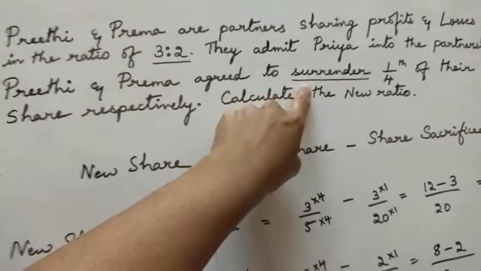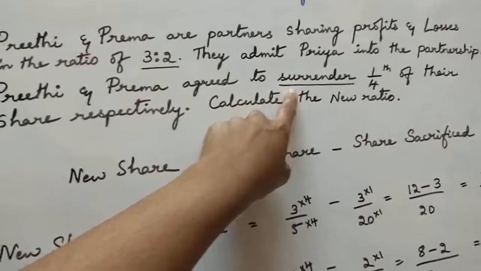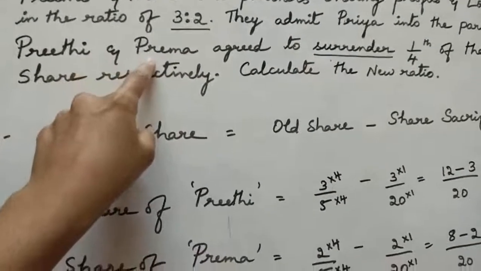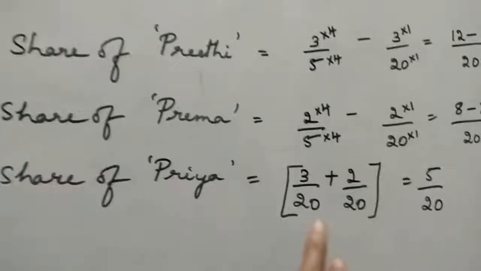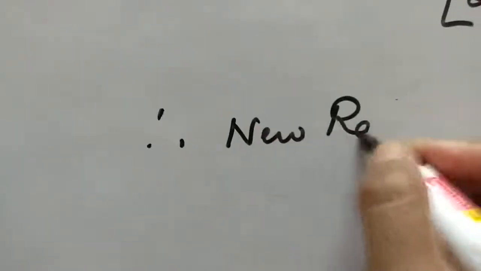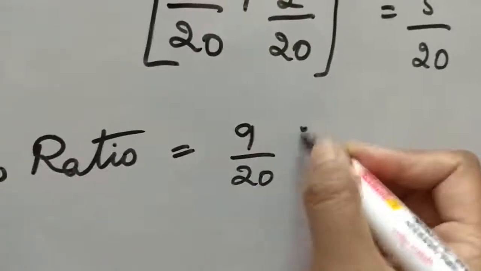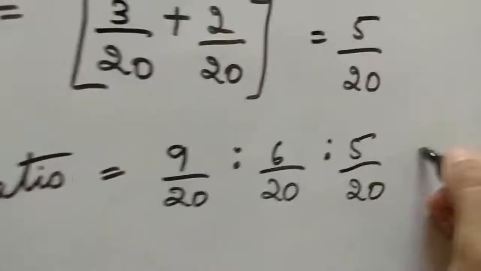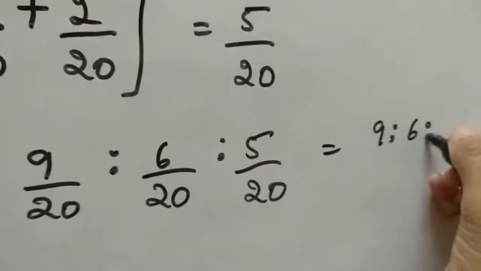Observe, always when you go for this type of calculation, when you see the word surrendered, the new partner's share will be the share sacrificed by Preeti plus the share sacrificed by Prema. You have to add and write it. So now, therefore, the new ratio is equal to 9 by 20 is to 6 by 20 is to 5 by 20, which is equal to 9 is to 6 is to 5.